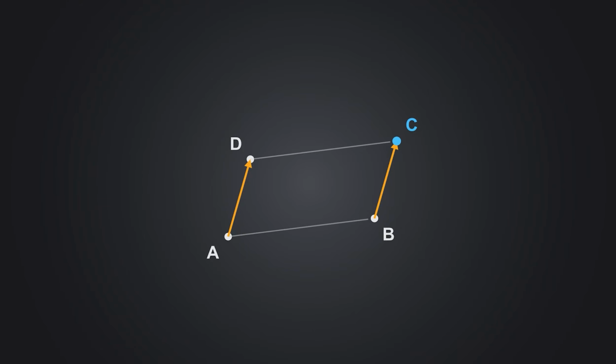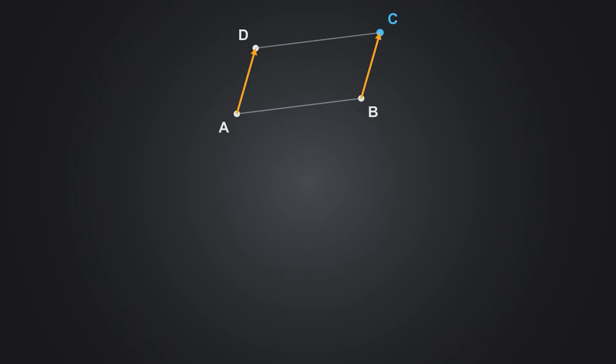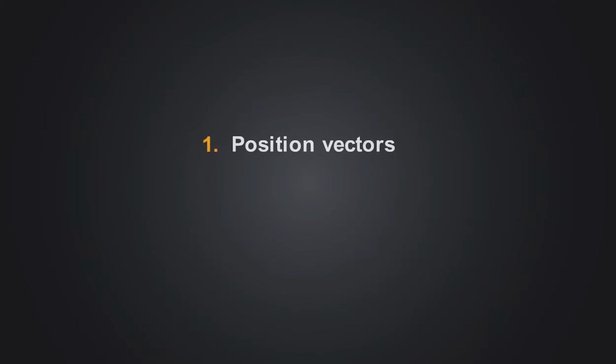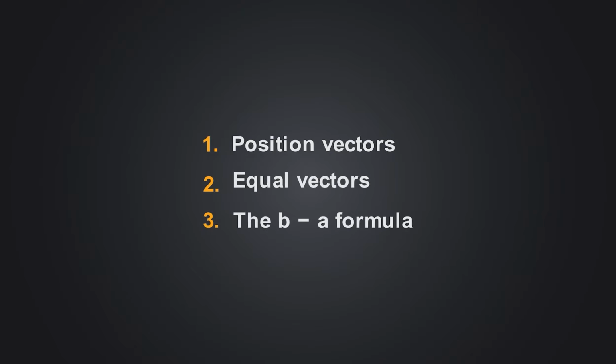Always look for two sides of the shape that should be equal as vectors, and then set them equal. From there you can solve. The reason this question shows up so much is because it tests three things at once. Your understanding of position vectors, your understanding of equal vectors, and your ability to manipulate the B minus A formula. If you followed everything in this video, you've already got all three, but you just need to recognize the pattern.